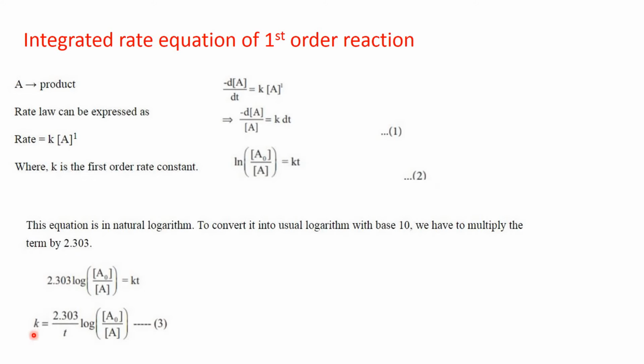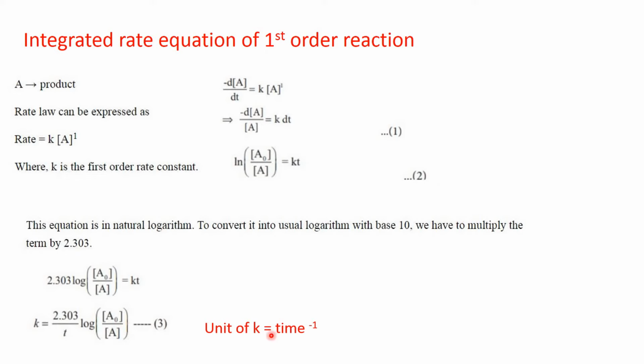Then finally, the rate constant for a first order reaction from this integrated rate law will be k equals 2.303 by t times log of the initial concentration of A divided by the concentration of A at time t.